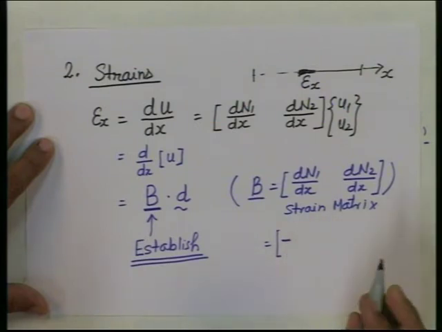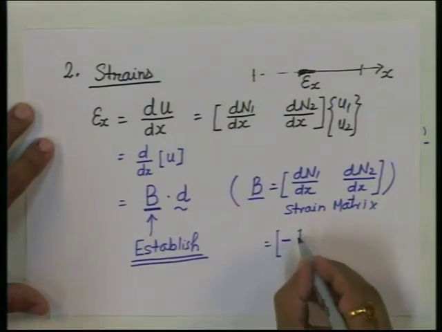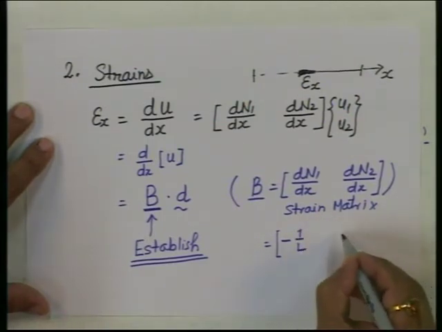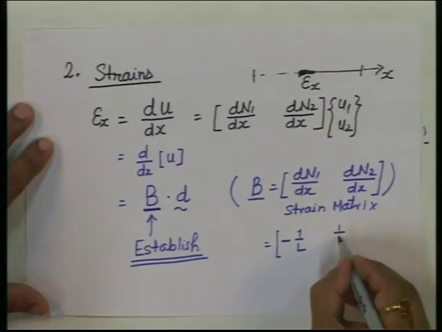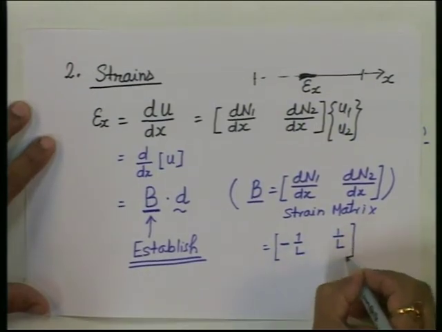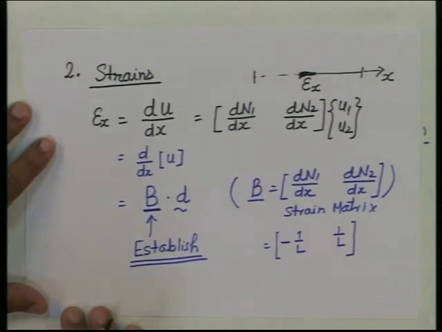So, minus 1 by L, and derivative of x by L is how much? So, this matrix is this. B matrix for my linear rod element is minus 1 by L and 1 by L.